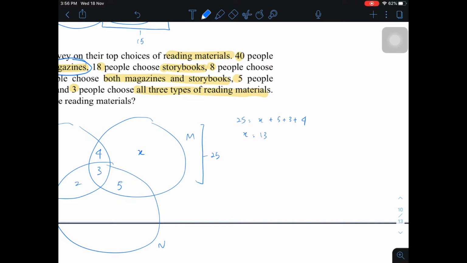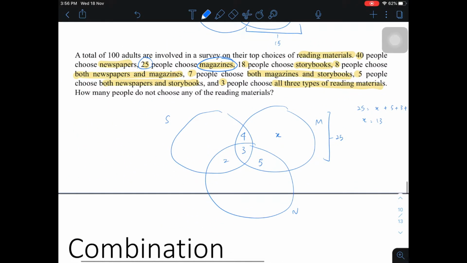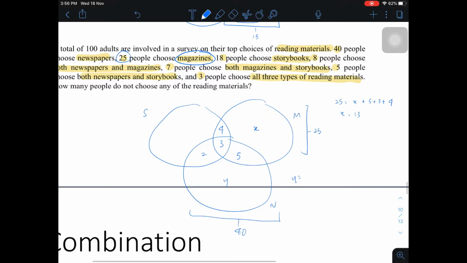Right? So next is newspaper. Newspaper is the 40. Yeah. So to determine this unknown variable, which is y, we can get y equals 40 minus 5 minus 3 minus 2, which is 10, 40 minus 10, basically 30.